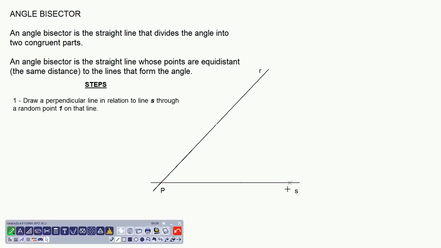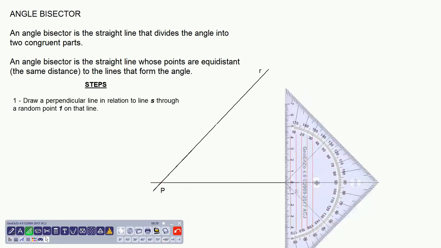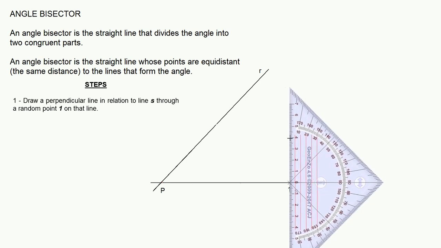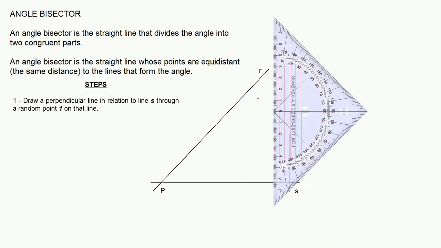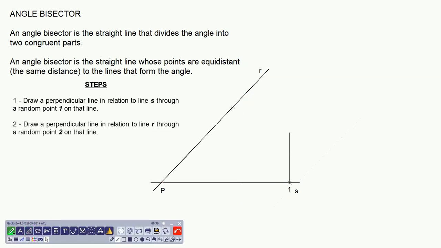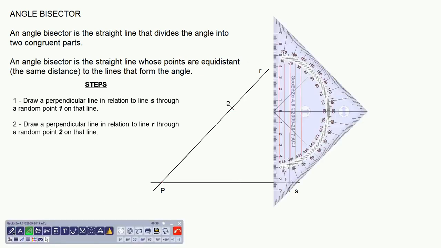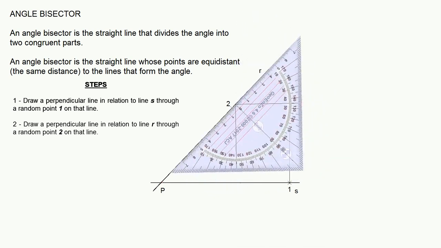I choose one point on the straight line S, the point 1, and I draw a perpendicular line in relation to line S that goes through that point 1. I repeat the operation, and on point 2 on line R I draw a perpendicular line in relation to line R that goes through point 2.